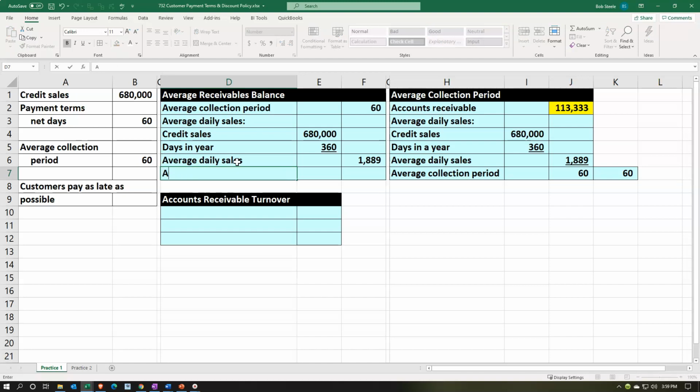So let's just call it accounts receivable. And that's going to be then equal to the 60 times the 1889. So I'm going to put an underline here, home tab, font group, underline.